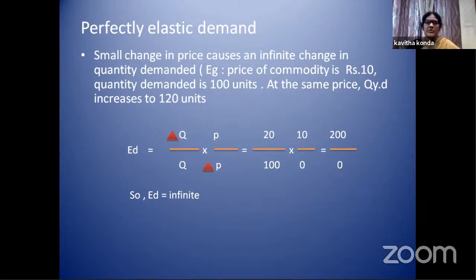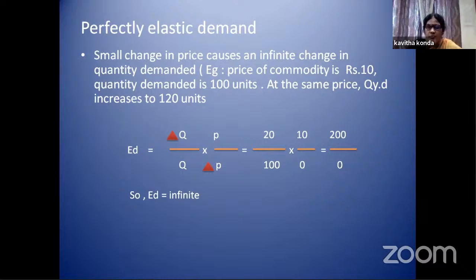That's why ED is equal to infinity, which we can write in the formula: delta Q by Q into P by delta P. Here, delta Q means the change in the demand. Initially demand is 100 and it increases to 120, so 120 minus 100 is 20, divided by the original demand, 100, into P, the original price, 10, by delta P. There is no change in price, that's why 0.